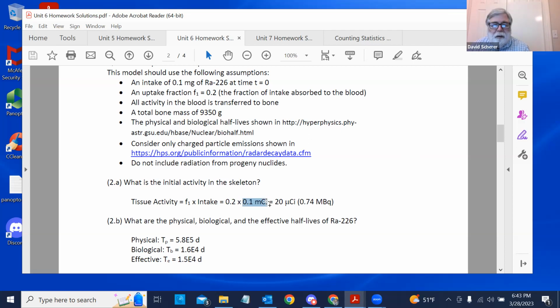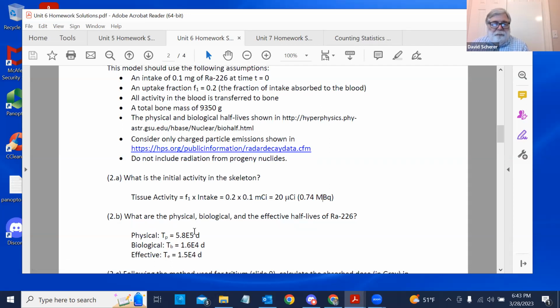So I know a gram is a curie. So this is 0.1 millicuries. And then the uptake fraction is 0.2, and so there was 20 microcuries in the skeleton. I multiplied that by 37 megabecquerels per millicurie, or 37 kilobecquerels per microcurie, and got what the activity is. Okay.